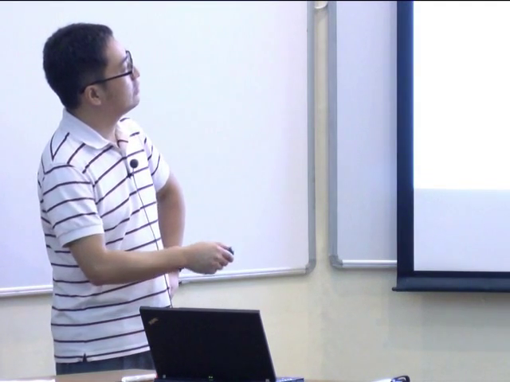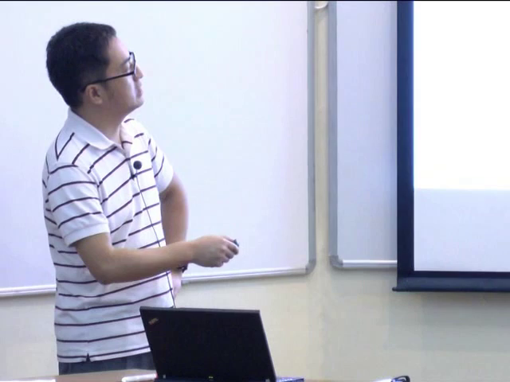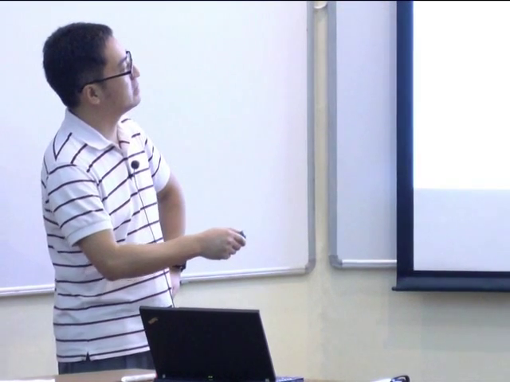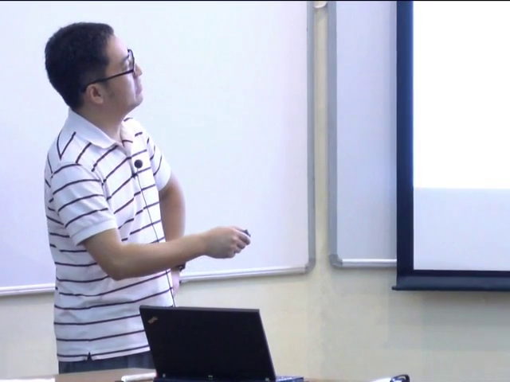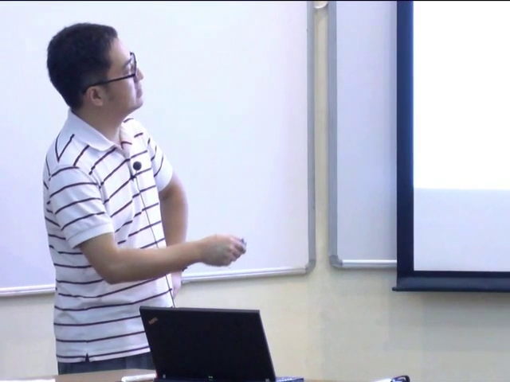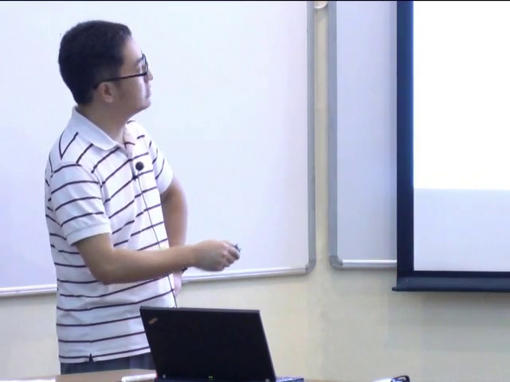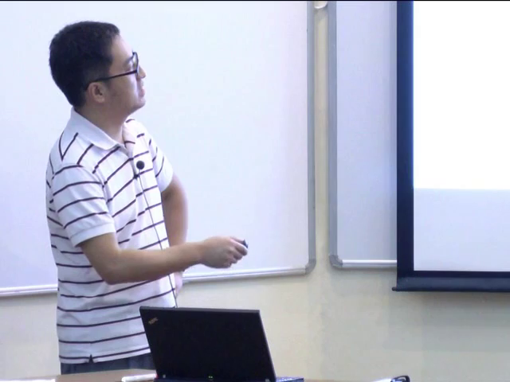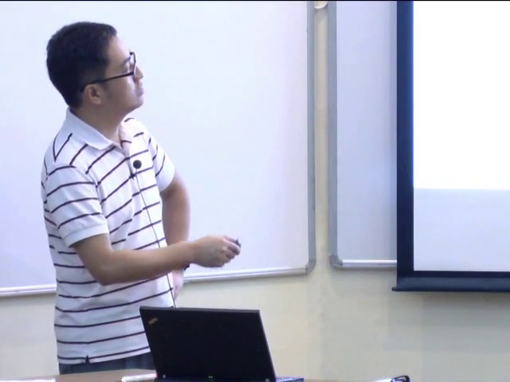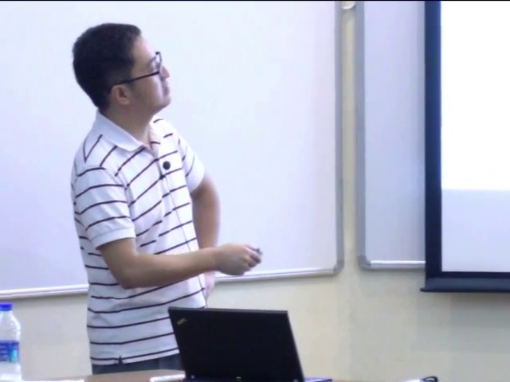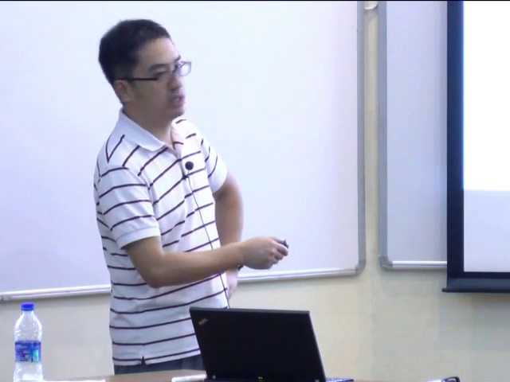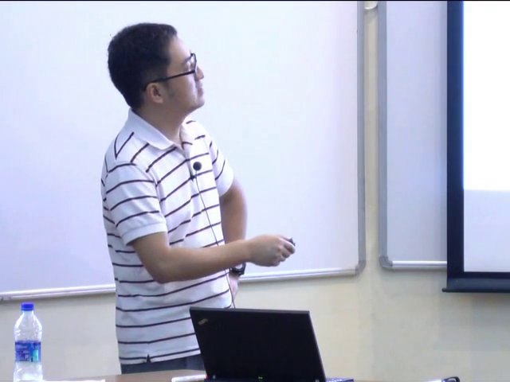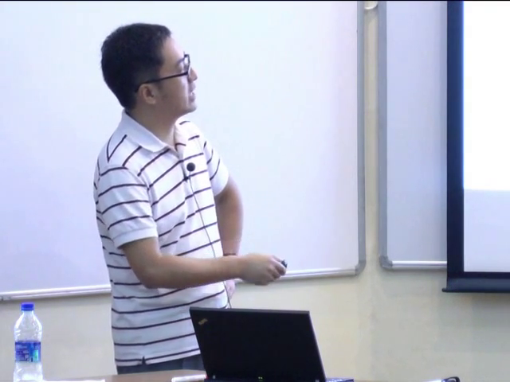When we consider zero forcing decoding, assume the channel of A is this vector and this vector represents the channel of B. To decode the signal of A, we need to do a projection. That is basically how zero forcing works. We project to the orthogonal direction of the channel B.